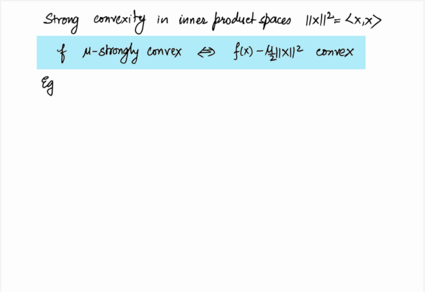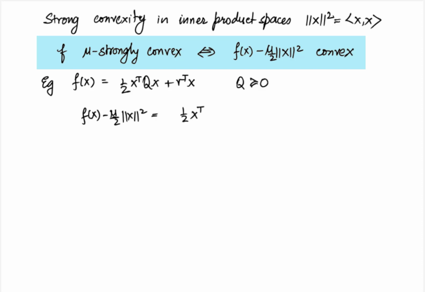Let us take a simple example of the quadratic function half x transpose Q x plus r transpose x for Q positive semi-definite. Then we are saying that f is mu strongly convex if function g equal to half x transpose (Q minus mu times identity) x plus r transpose x is convex. But we know that for a quadratic form to be convex, we need the matrix to be positive semi-definite.